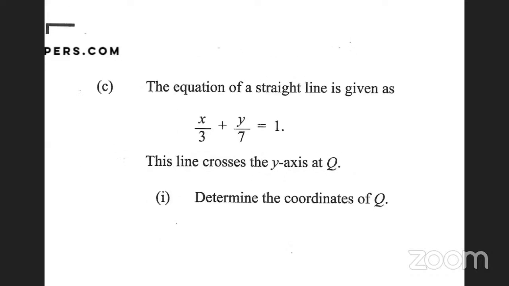So they give you a line, right? The line crosses the y-axis at Q. What do we know about a point when it cuts the y-axis?